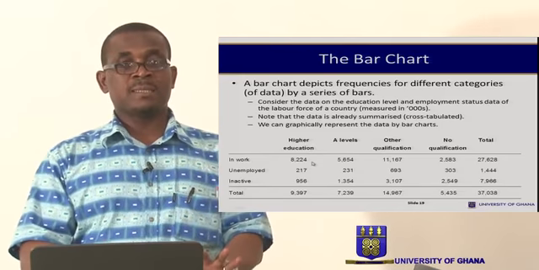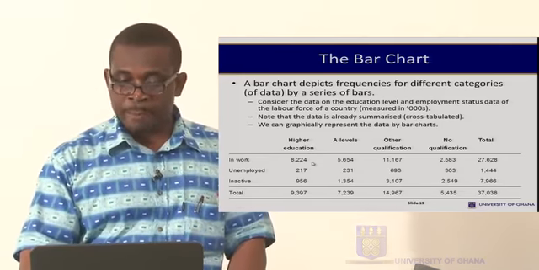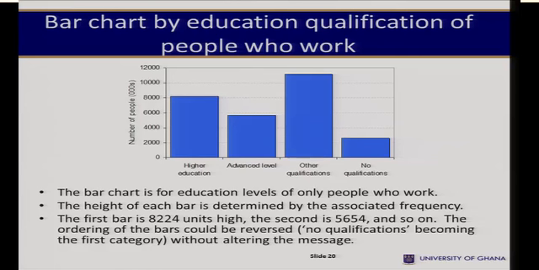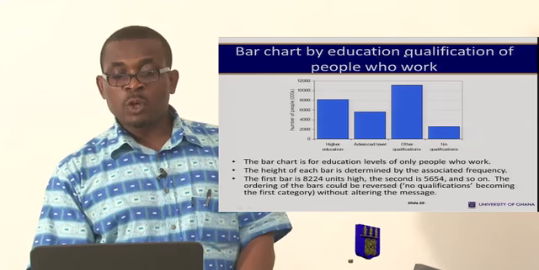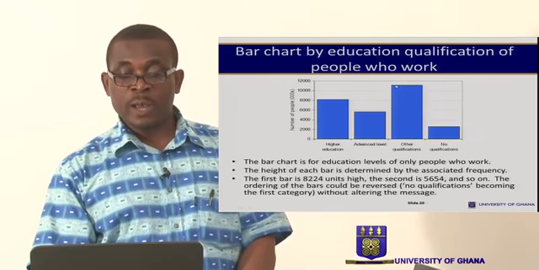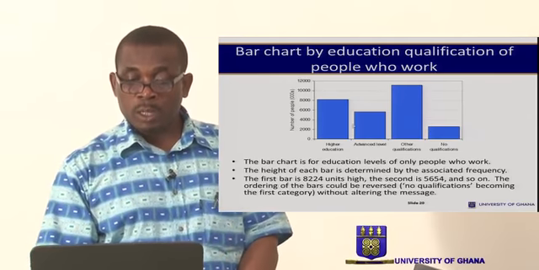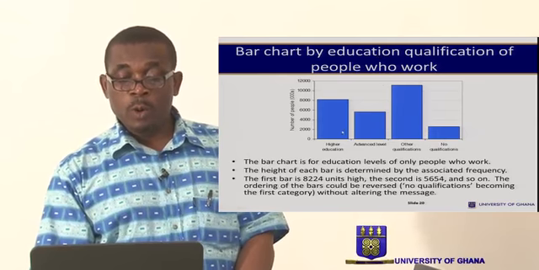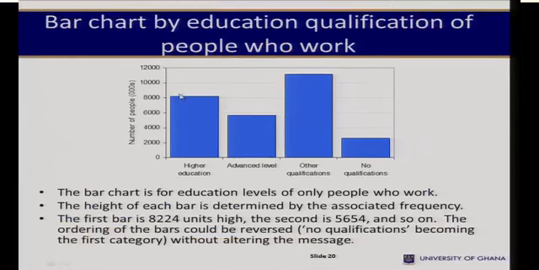So we can represent whatever we want from this data by a bar chart, and this is an example. You see we have 4 bars being represented here, and because we want to look at the education levels of people who work, we are just looking at those who work. Among the people who work, we know that 8,224 have higher education, so the height of this bar is 8,224.